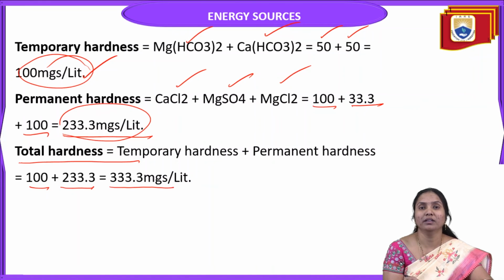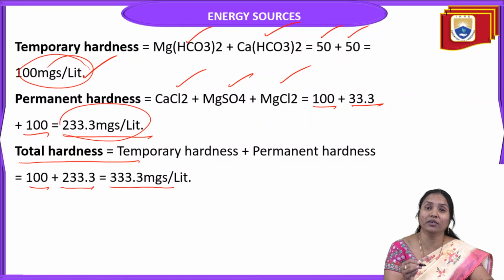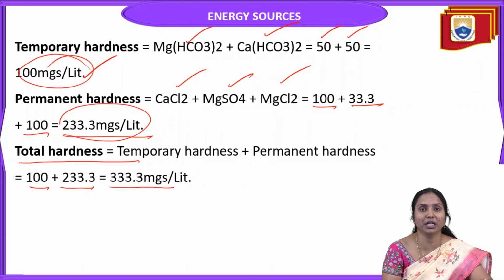So in this way, you can calculate the total, temporary and permanent hardness of water. In this session, we learned how to calculate the temporary hardness, permanent hardness and total hardness, and how to convert into degree of French and degree of Clerk. First, all the hardness causing salts are converted into calcium carbonate equivalent.